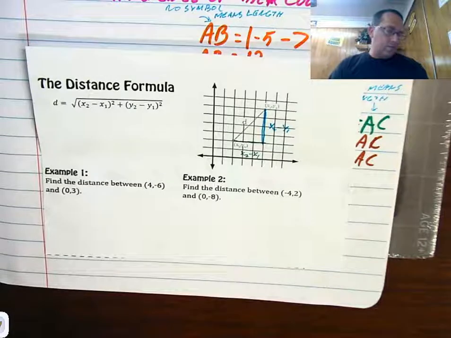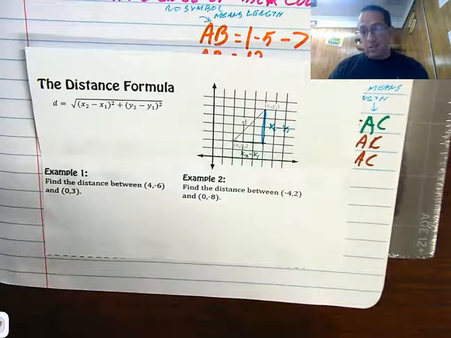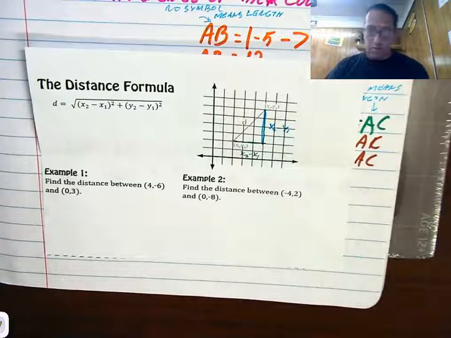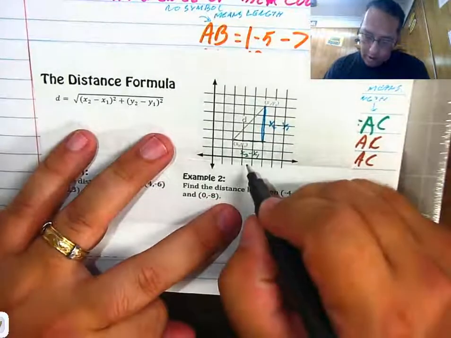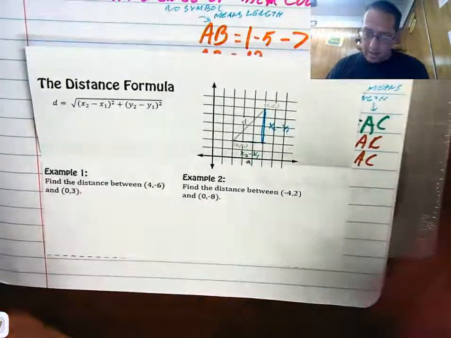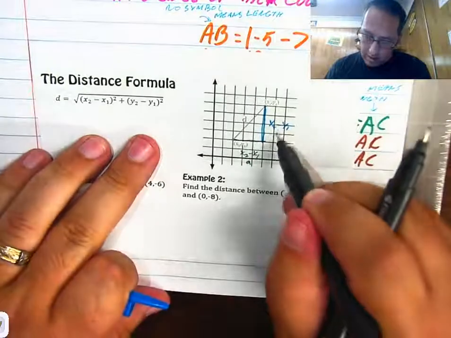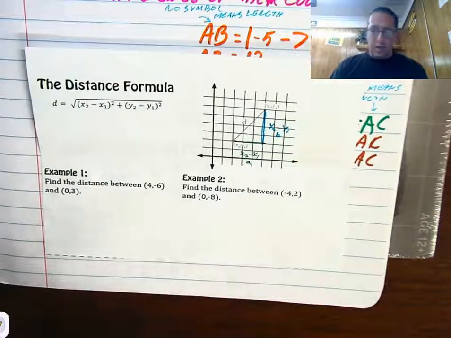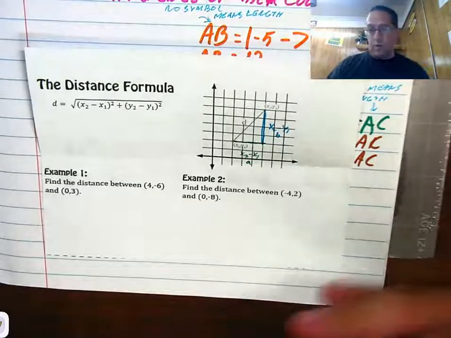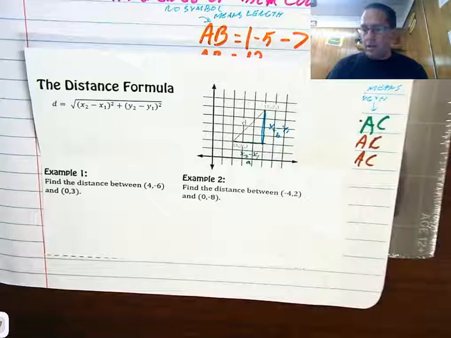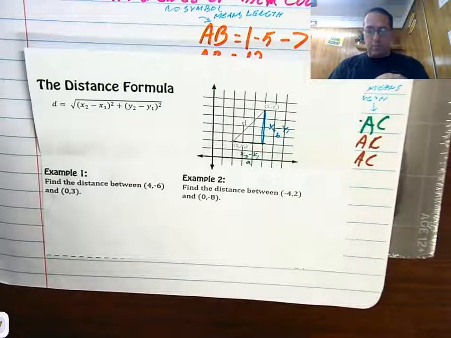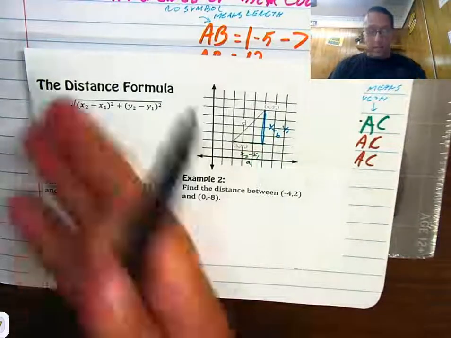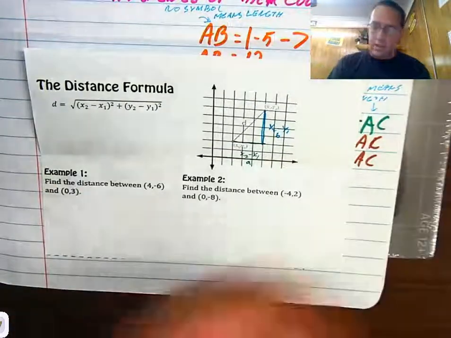And if you'll notice, what this really does is this turns into the Pythagorean theorem, right? Where I have this is a, and this is b. And so in the Pythagorean theorem, you have a squared plus b squared equals c squared. Well, I'm not interested in c squared. I'm interested in d, right? So I'm just interested in c.